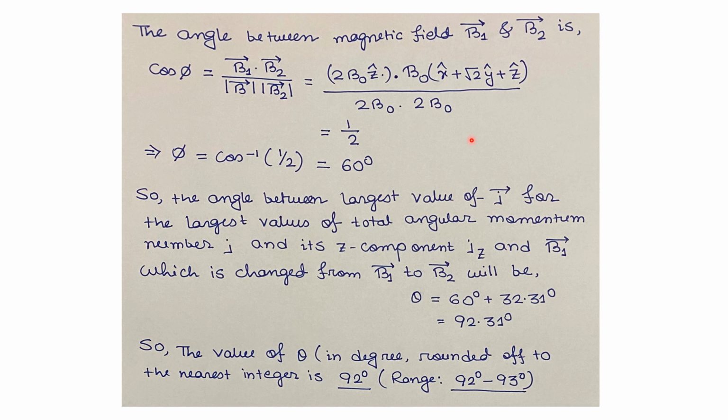So now the Z component of the total angular momentum vector will align along the B2 vector. Previously it was at an angle of 32.31 degrees with the B1 vector.